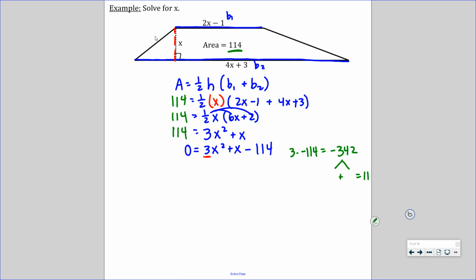Two numbers that multiply to negative 342 and add to 1. Negative 18. Yeah. Negative 18 and 19. Nice, Riley. Everybody say thanks, Riley. Thank you, Riley. All right. So let's make that negative 18x plus 19x. Again, it doesn't matter which one you put first.